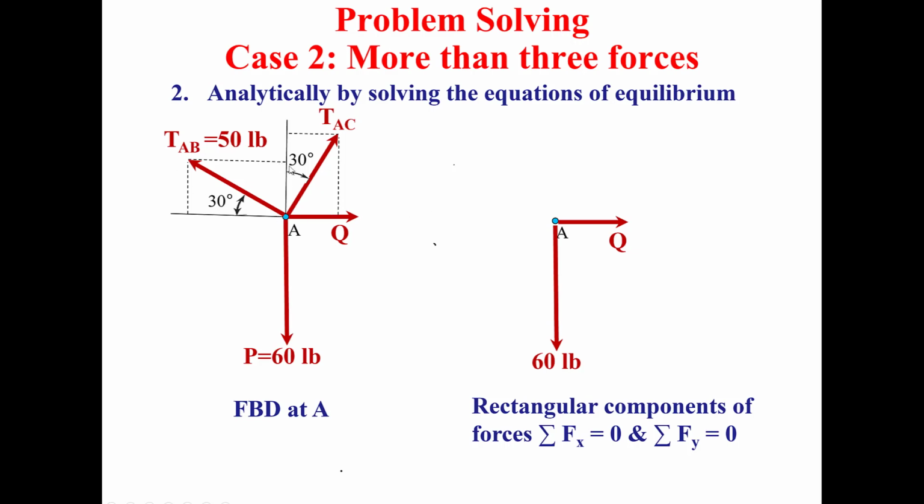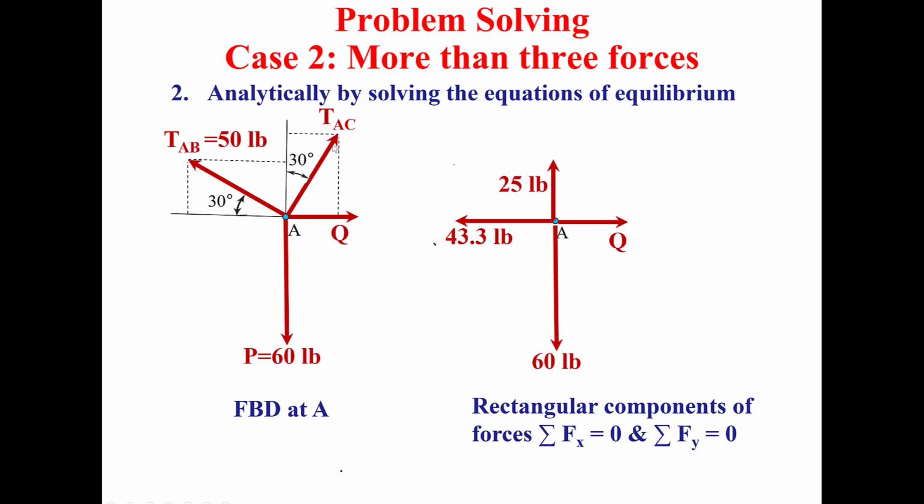So now I got 2 components, one negative and one positive. So let's get the 2 components of TAB, the 50. So sine 30 is half, so half of 50 is 25, and this is cosine of 30 multiplied by 50. I get this value. So I got the 2 components of the tension in AB.